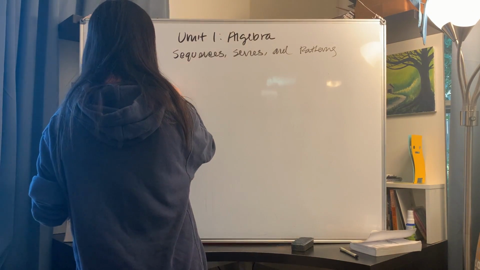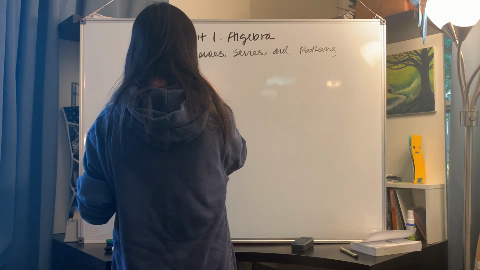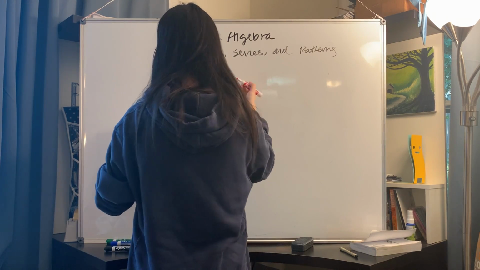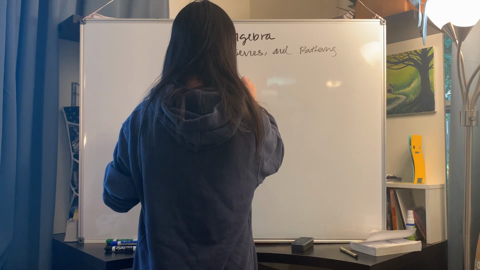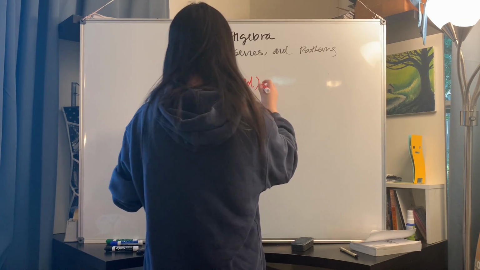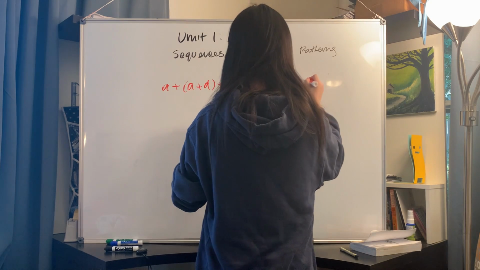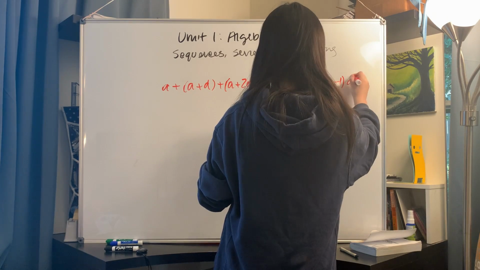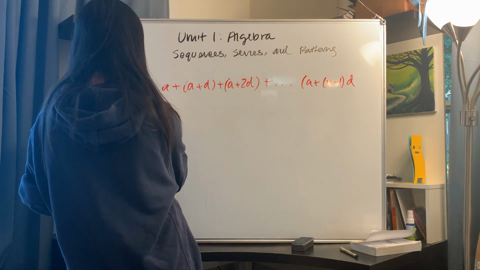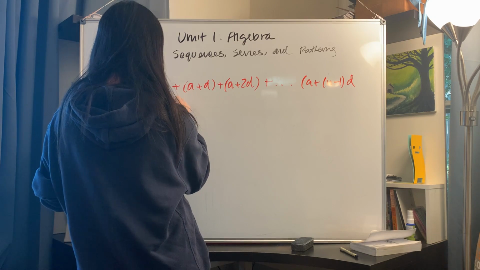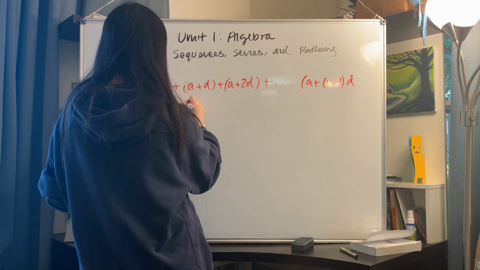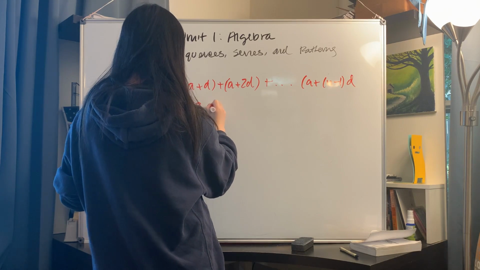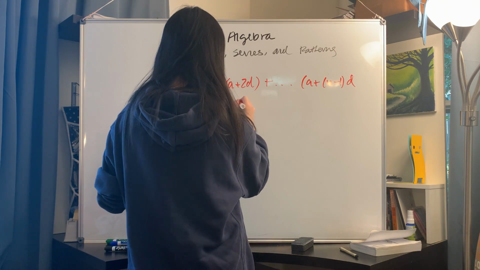So, a plus d, a plus 2d, plus a plus n minus 1 d. That is supposed to be equal to n over 2 times 2a plus n minus 1 d.